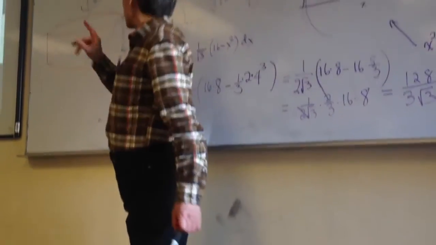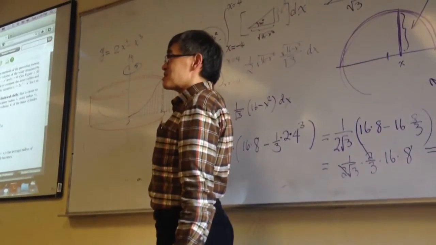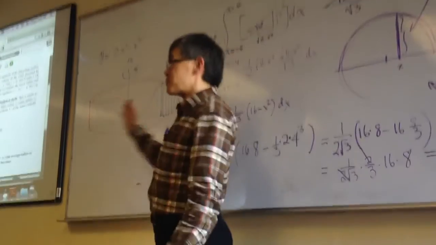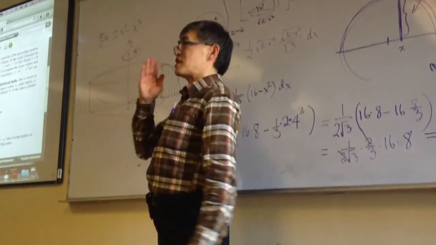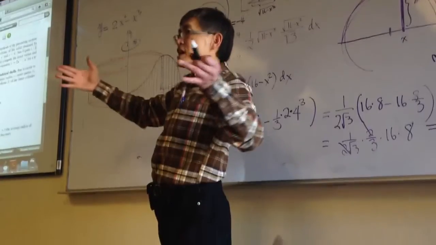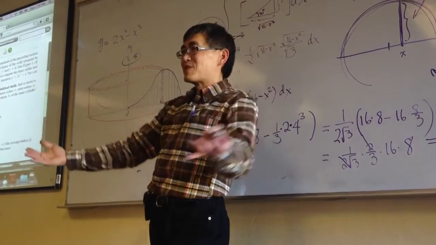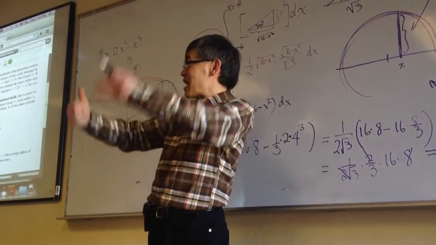certain tiny volume. Then I do that for each of these little vertical pieces, right? Each one of them generates a very thin cylindrical shell. Then if I assemble all these shells together, wouldn't that be what I have originally?